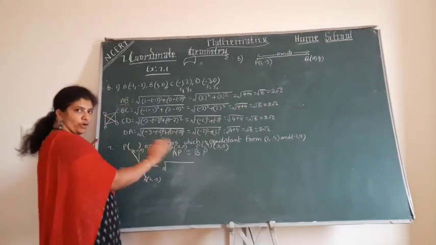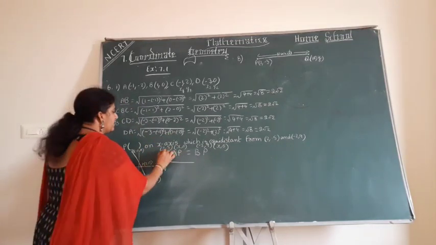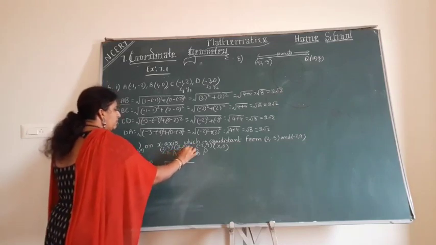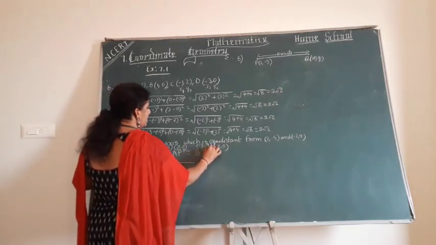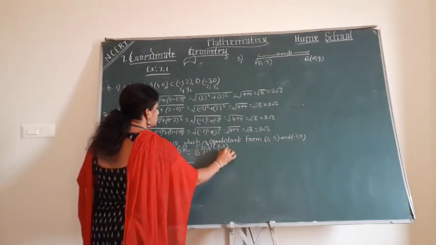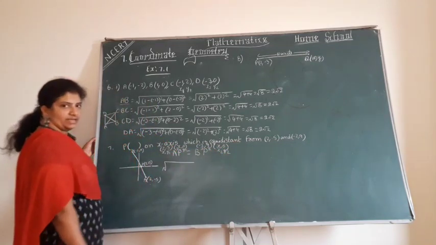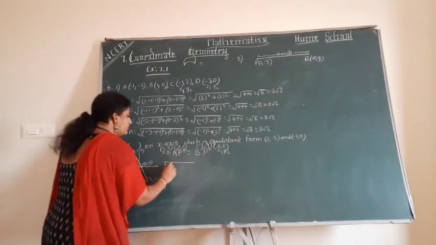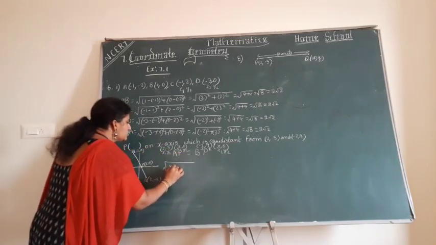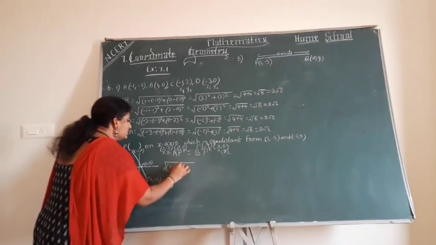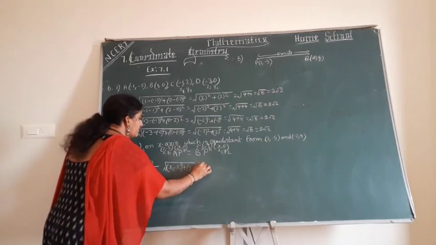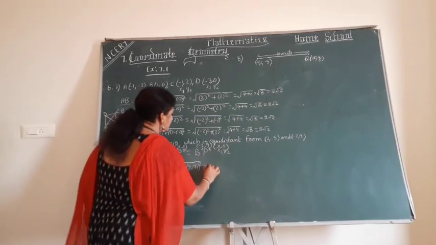So we are doing two problems at a time. x1 comma y1, x2 comma y2. At a stretch you are solving the two problems. So apply the formula: square root of x2 minus x1 whole square plus y2 minus y1 whole square.